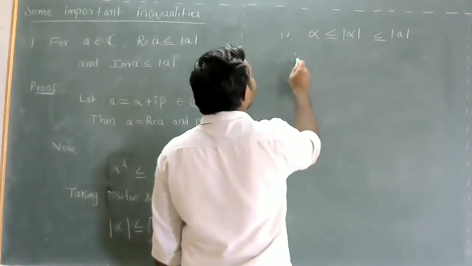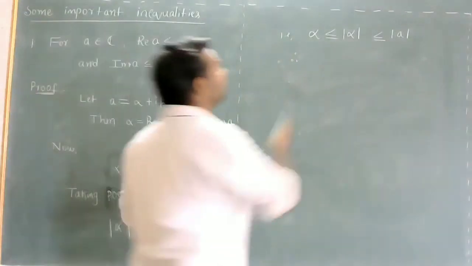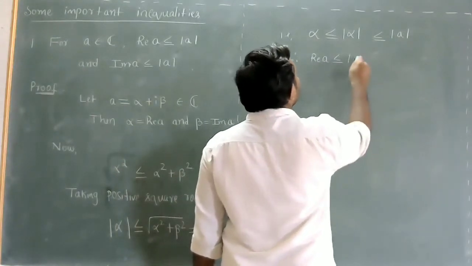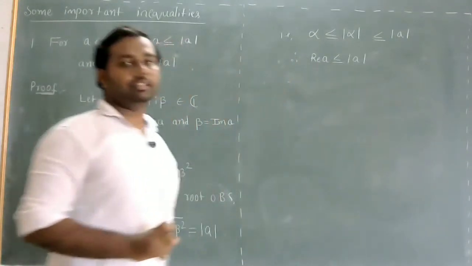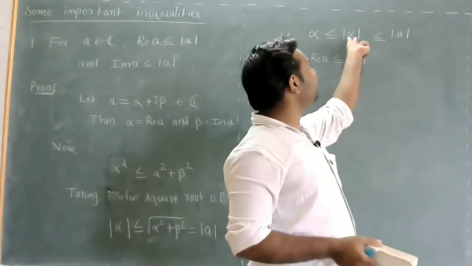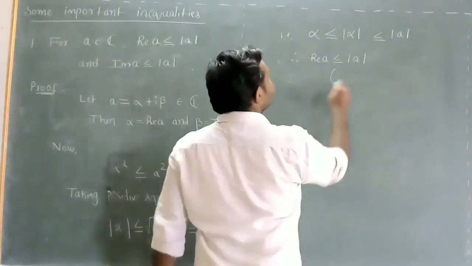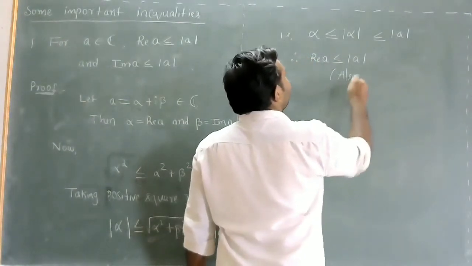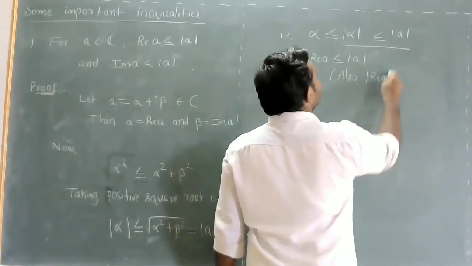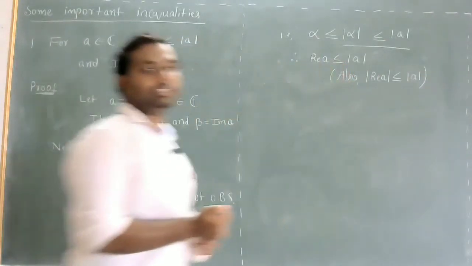So therefore, alpha is nothing but real part of A. So real part of A is less than or equal to modulus of A. And moreover, absolute value of real part of A is less than or equal to modulus of A. Also by this inequality, absolute value of real part of A is less than or equal to modulus of A.